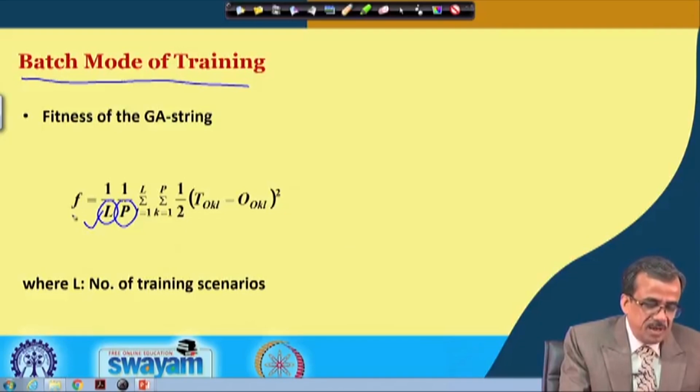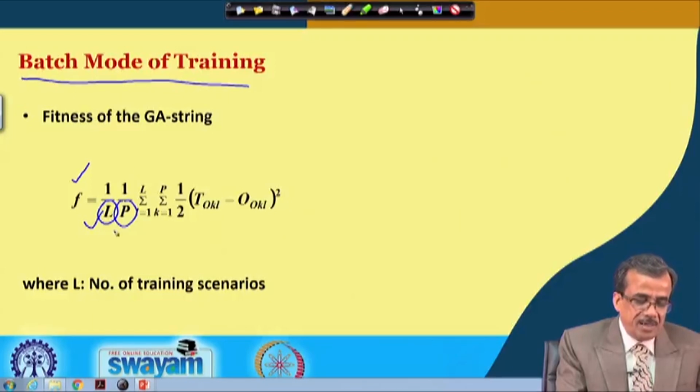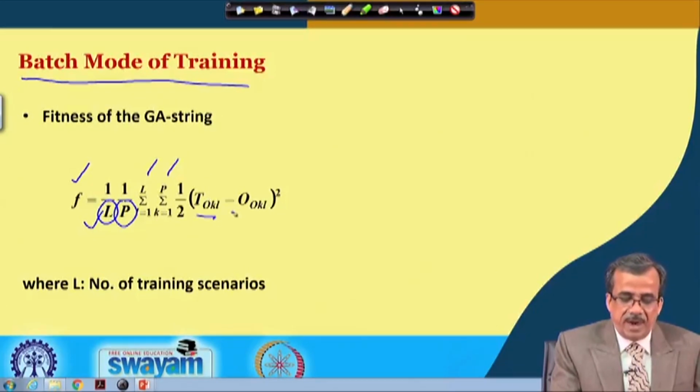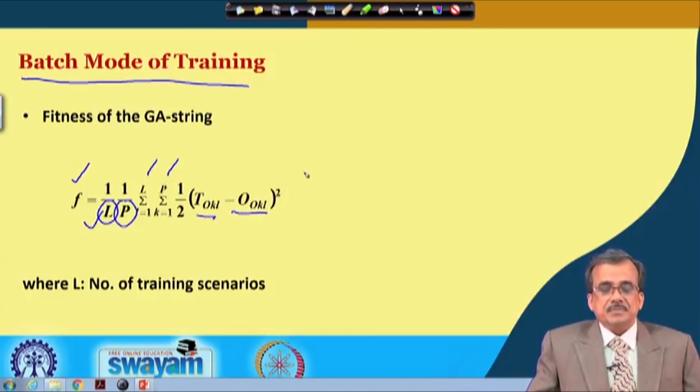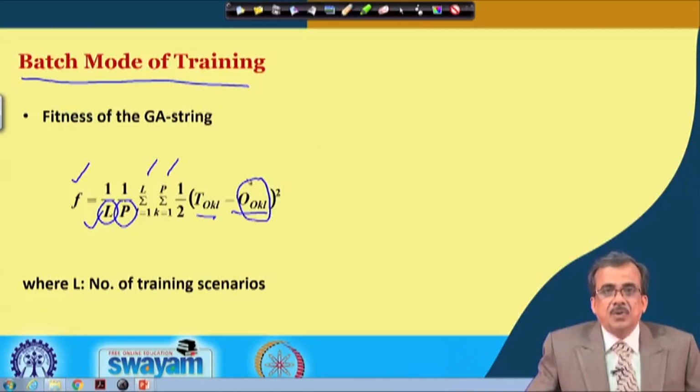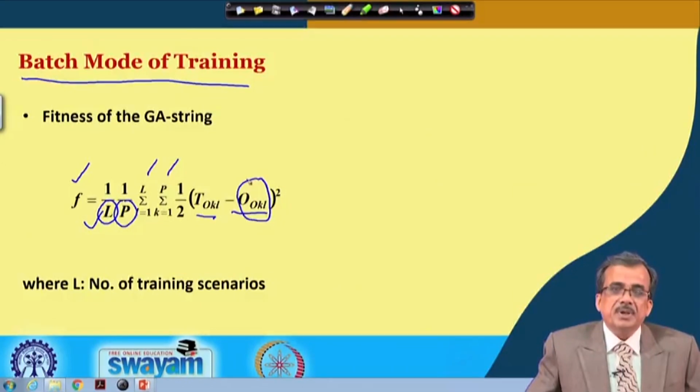This is nothing but the fitness of the GA string, denoted by F, which is 1 divided by L multiplied by 1 divided by P, summation of small l equals 1 to capital L, summation of small k equals 1 to capital P, half (T_okl minus O_okl) squared. Here O_okl is the output of the kth neuron lying on the output layer corresponding to the lth training scenario.